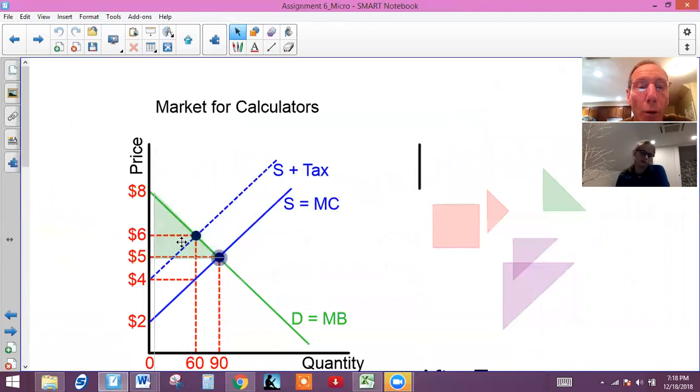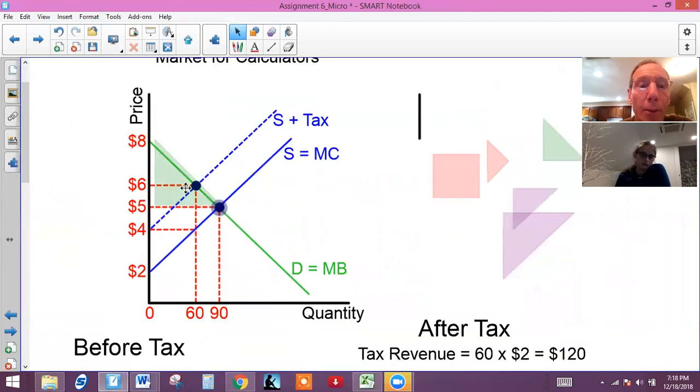If we're at this point right here, in a normal supply and demand, this triangle right here, as you do know, is consumer surplus, right? Because theoretically, this consumer right up here would buy it at $8, right?